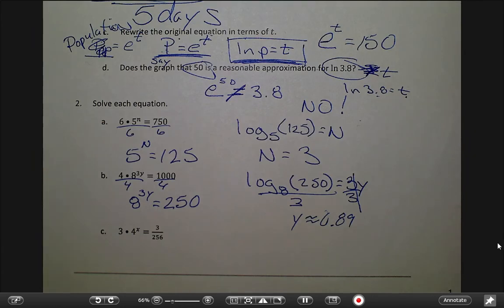All right, listen up. Same steps. I would like for you to try C right now on your own. It's almost like you have a quiz that you have to do all by yourself anyway. Might as well try it now.